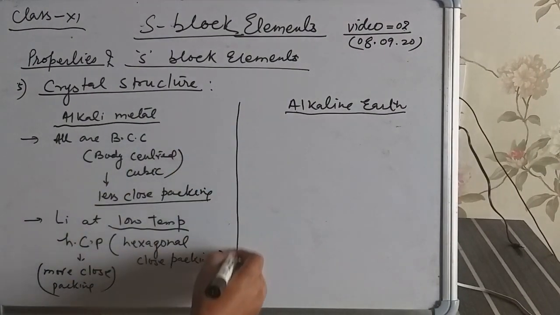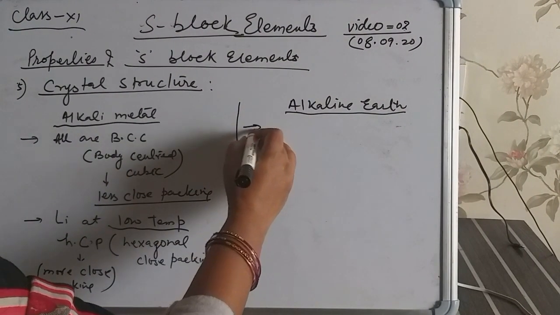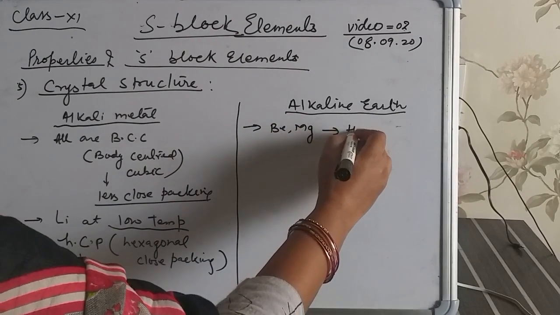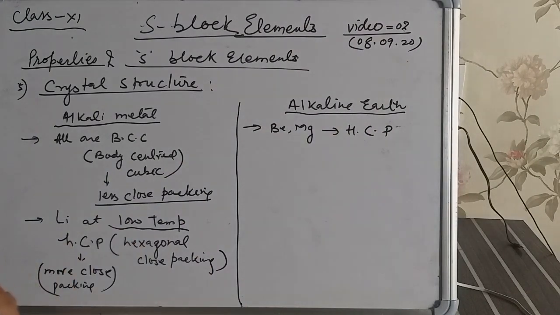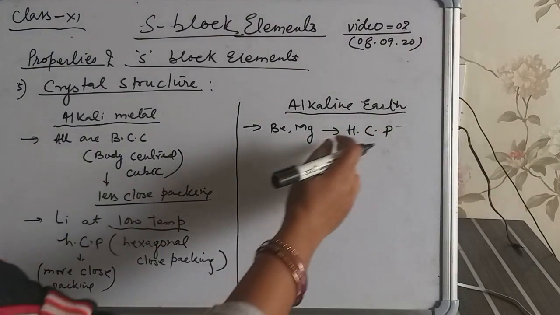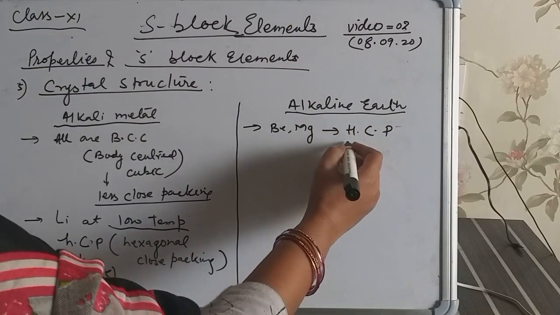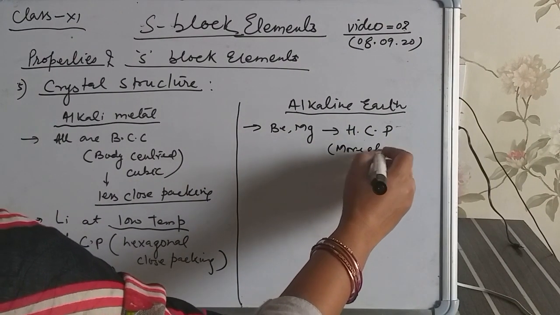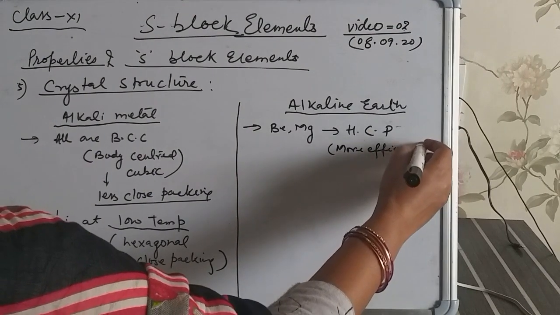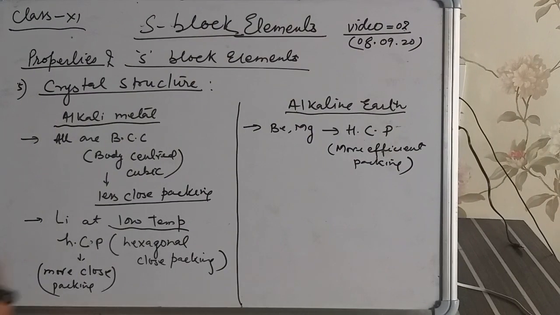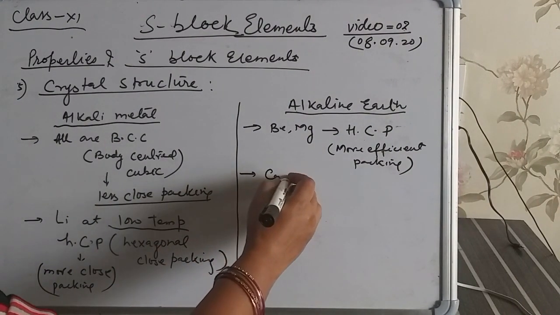In case of alkaline earth metals, beryllium and magnesium are HCP, hexagonal close packing. It is a more efficient packing.